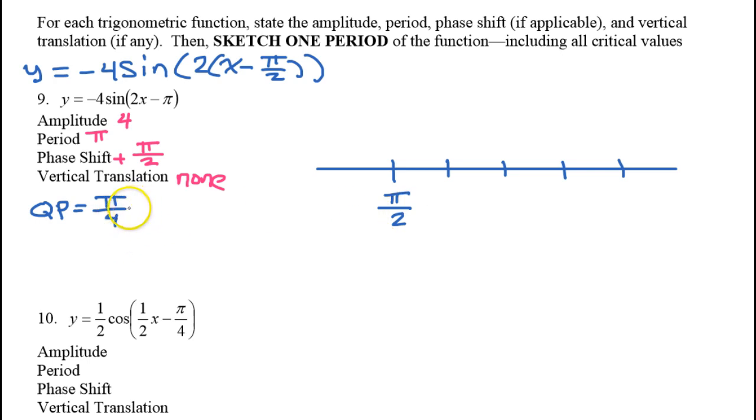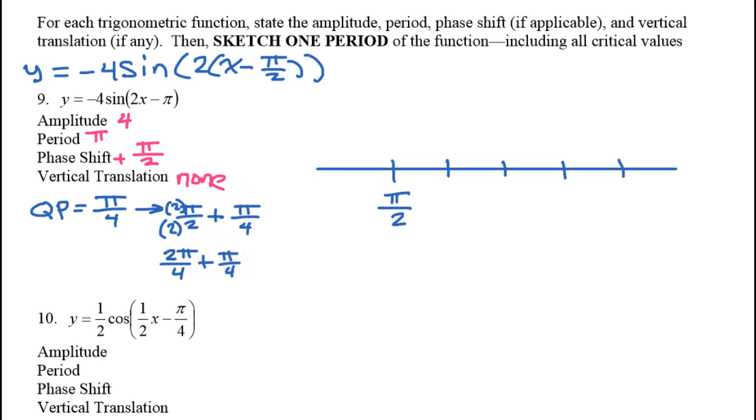In other words, pi over 2 plus pi over 4. But in order to do that, I need like denominators. So I'm going to multiply this one by 2, which gives me 2 pi over 4 plus pi over 4.